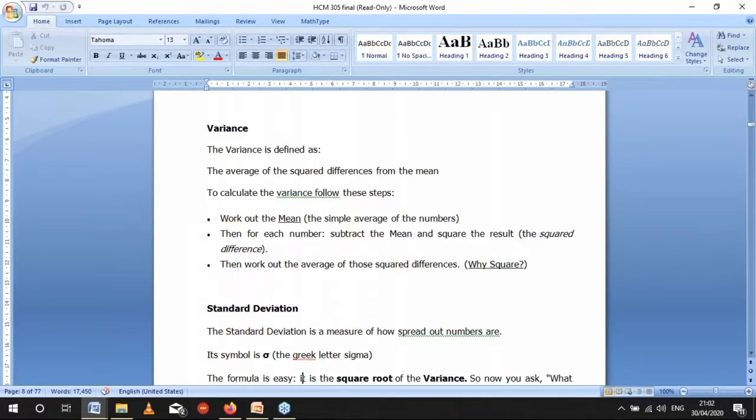That means your variance is 4. And if you want to get your standard deviation from this 4, you are going to do the square root. The square root of 4 will be 2. I hope we are done with that.